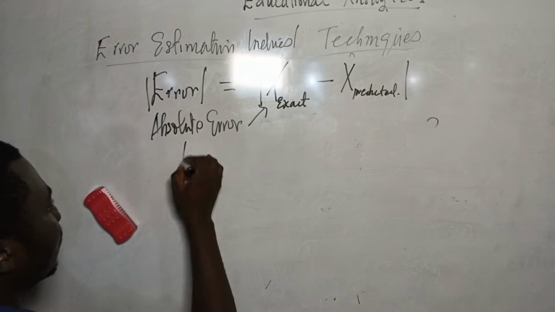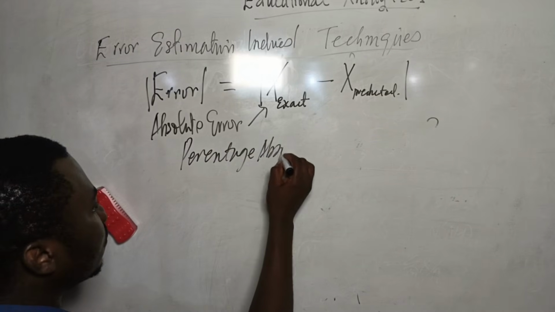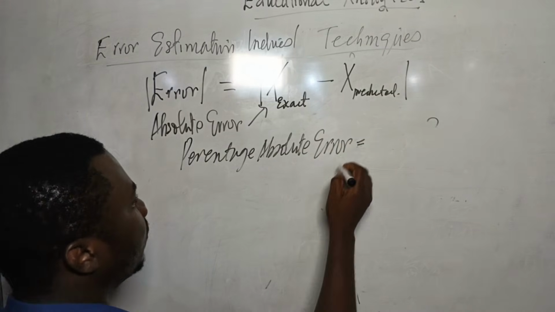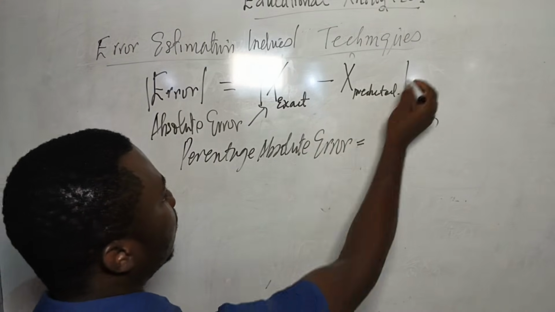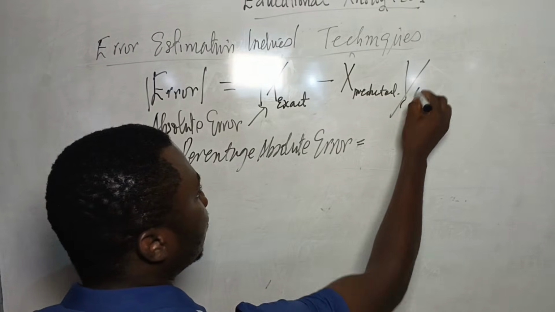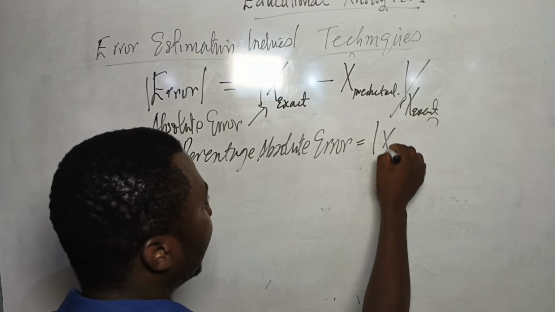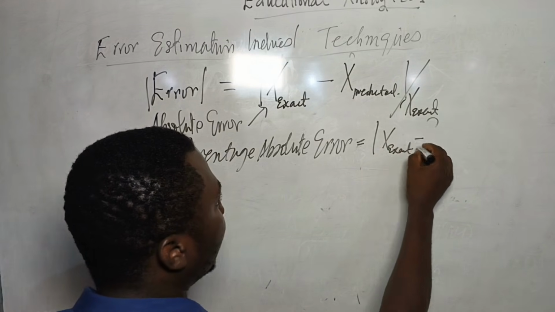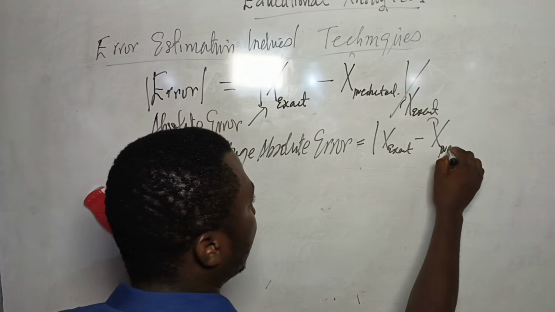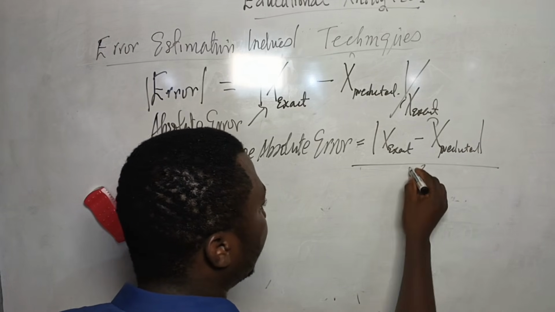The percentage absolute error is defined as the absolute value of x exact minus x predicted, divided by the exact value x exact.